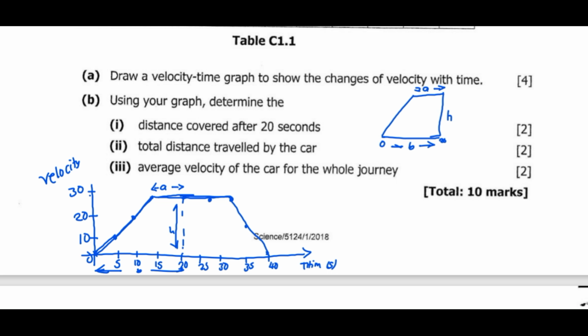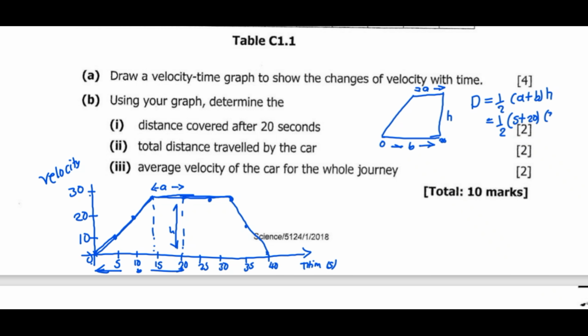So let's look at the formula. Distance is equal to half (A plus B) multiplied by H. What's our A? The difference between 20 and 15 is 5, so that is our A. Plus B, which is from 0 up to 20, that is 20.